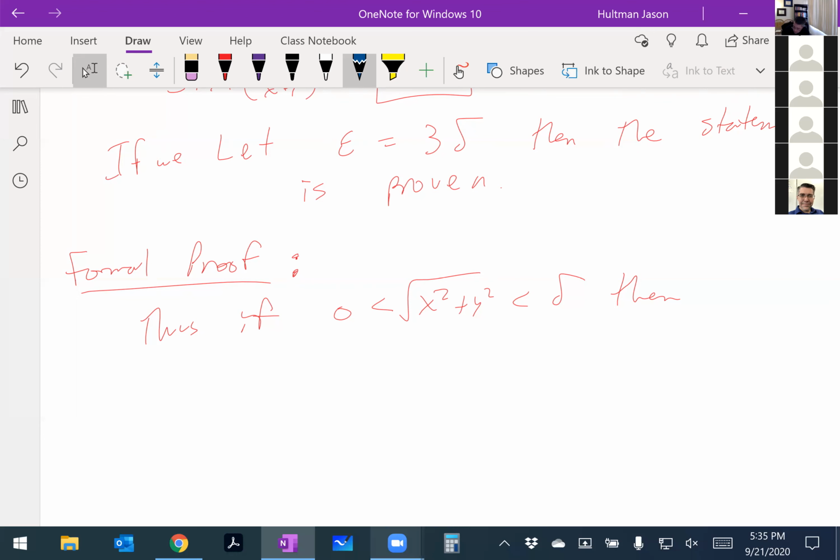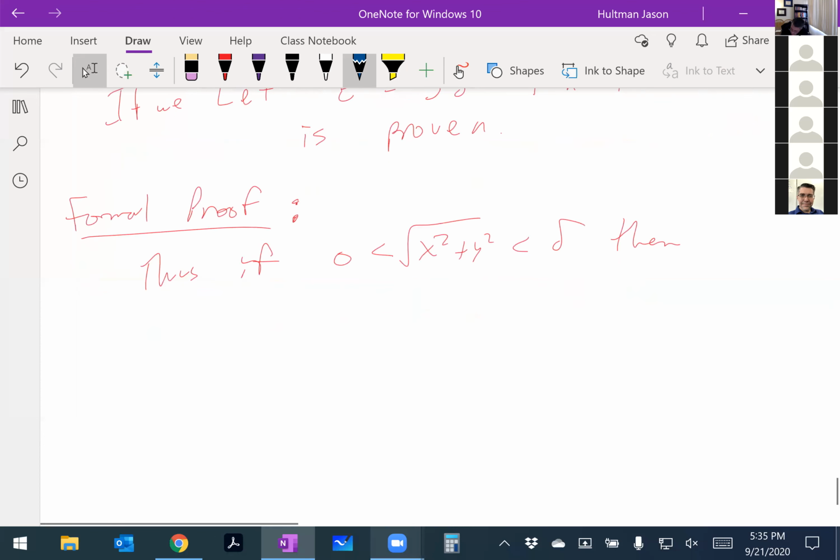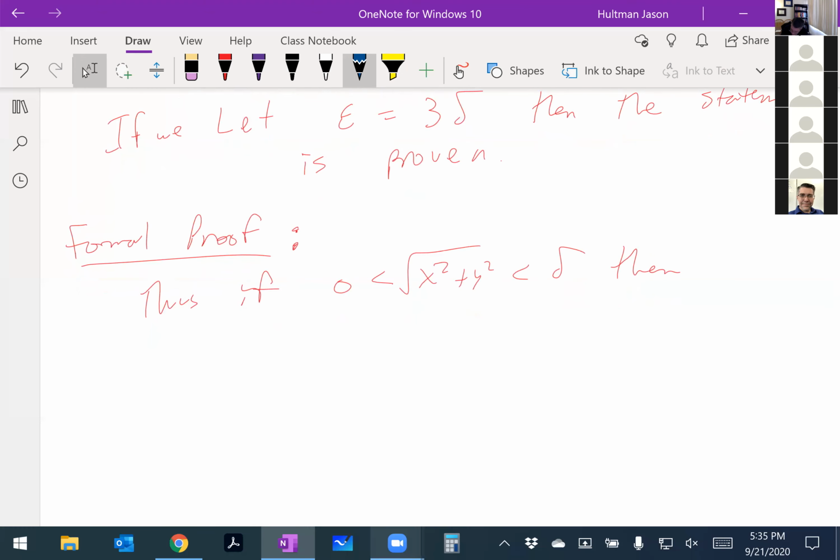As those values get closer and closer, does the limit and the function get closer together? Thus if this holds, then the absolute value of 3x squared y over x squared plus y squared minus 0 is less than epsilon. So we want to prove that.